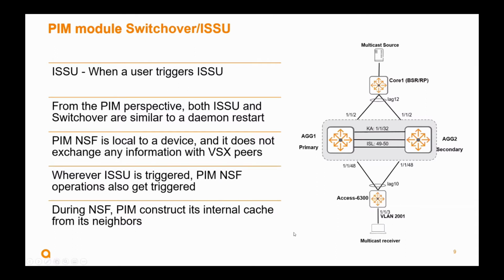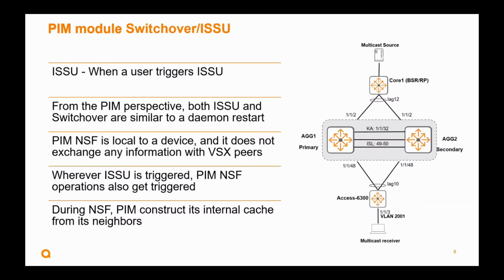Also, please note, PIM nonstop forwarding will not be activated if the PIM daemon crashes during the VSX graceful shutdown process. So all those entries are cleared and relearned in this case.